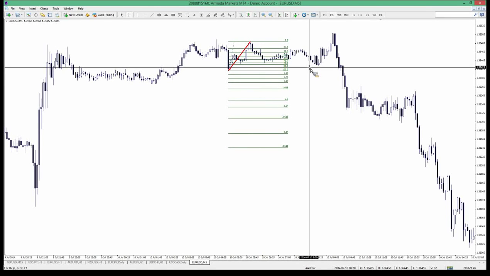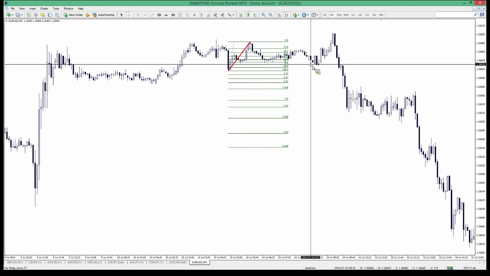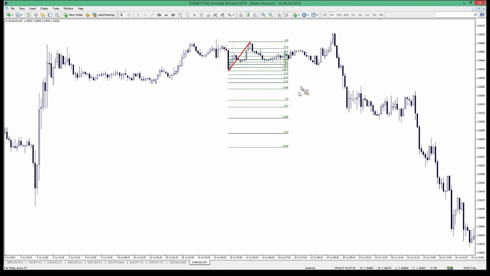This one's pretty much down on the 786. Obviously we're dealing with a very small swing, but let's call it 786. So that would give us an extension point of a 127 extension, okay, which is up here.